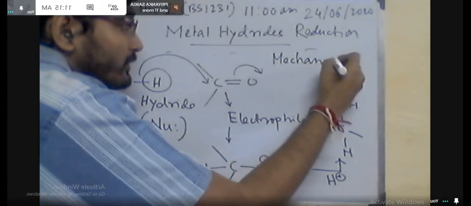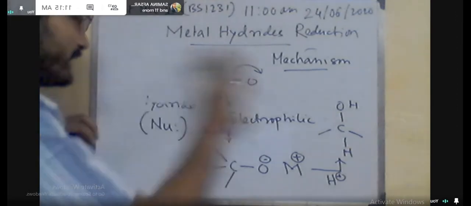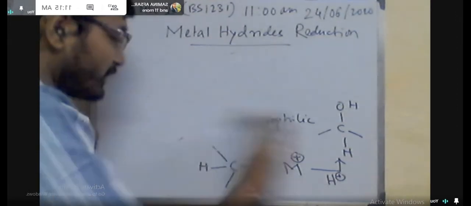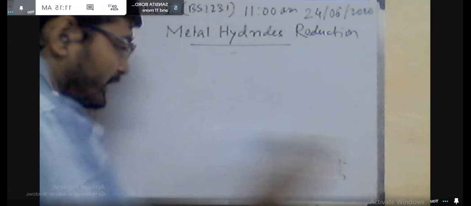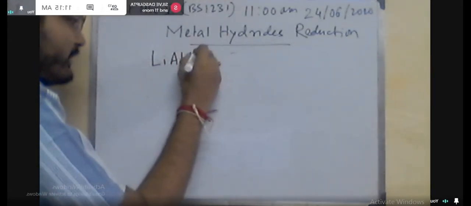The examples of different metal hydrides are lithium aluminium hydride, or in short LAH, sodium borohydride, and lithium borohydride.